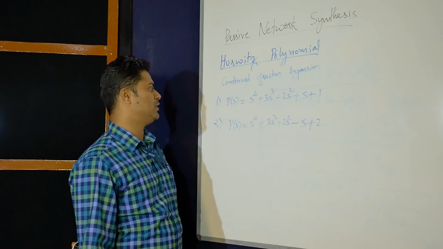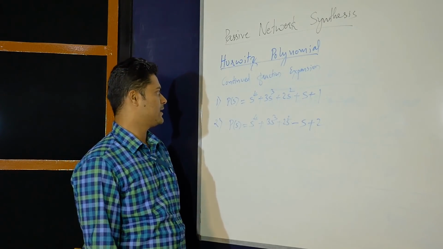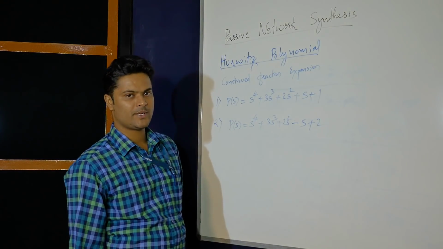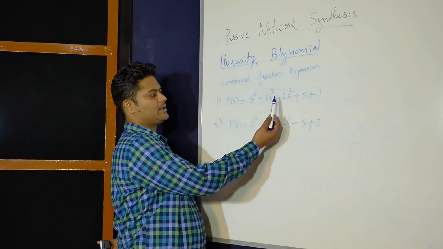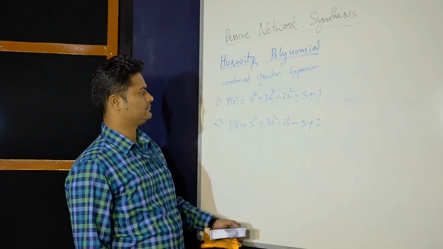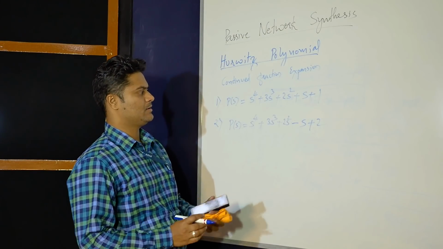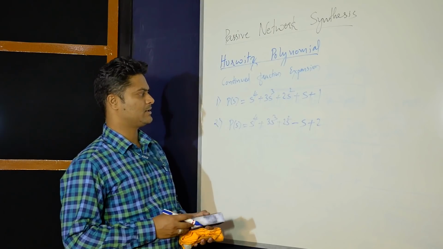The first question is to determine whether it is a Hurwitz polynomial or not. s to the power 4, s to the power 3, s to the power 2, s to the power 1, s to the power 0.